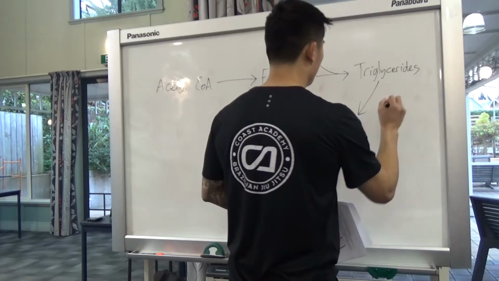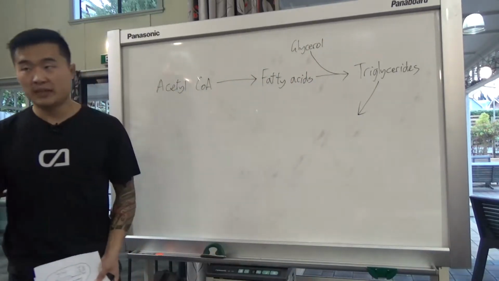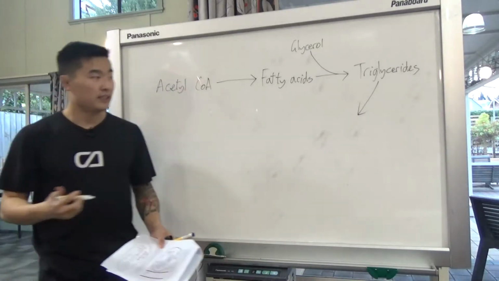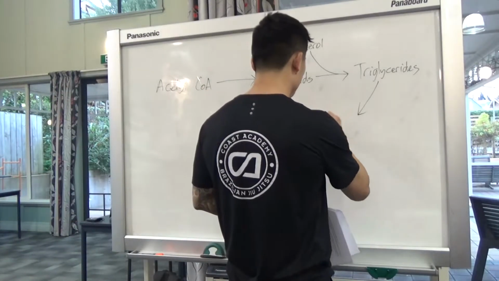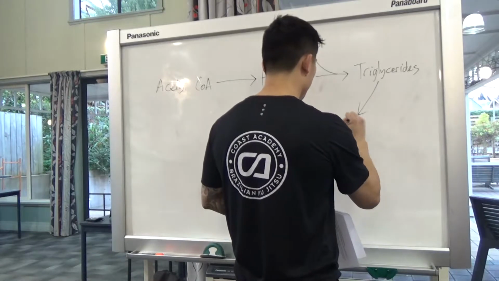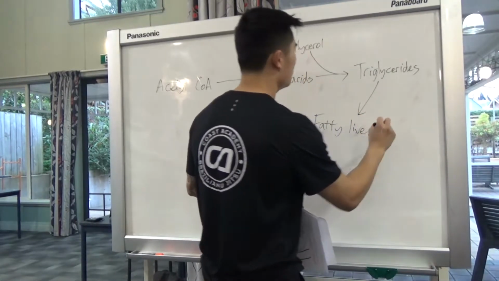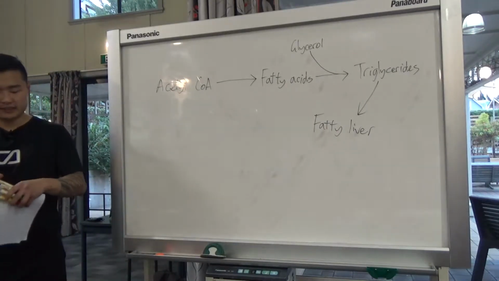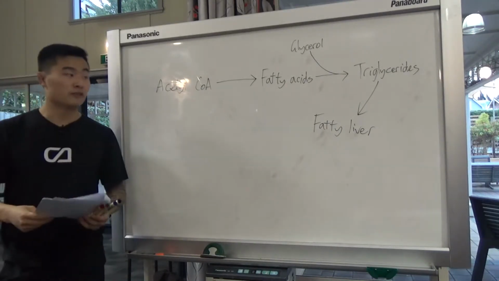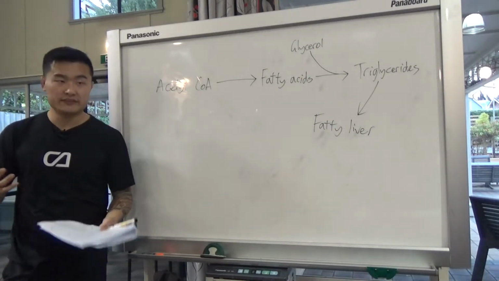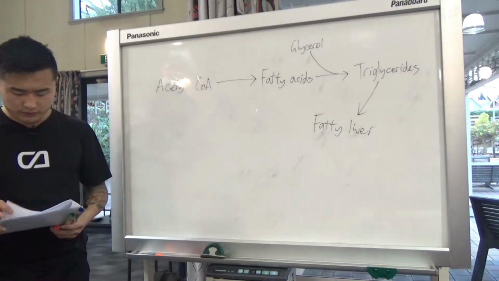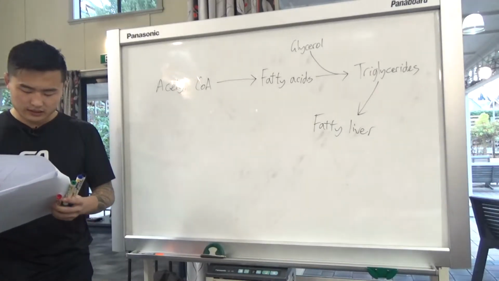And so if you have a lot of triglycerides being made inside your liver cell, then that's just going to build up. So some of it will be exported into the blood, but if you're constantly drinking alcohol over a long period of time, you'll end up getting a fatty liver. Okay. So we'll move on to the next page.